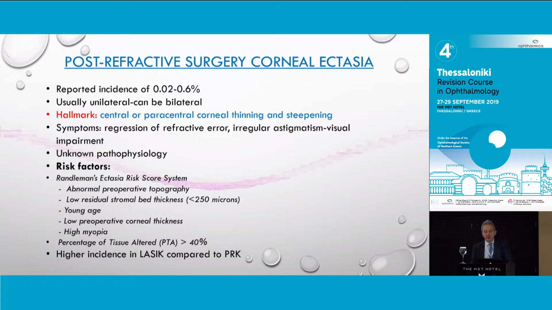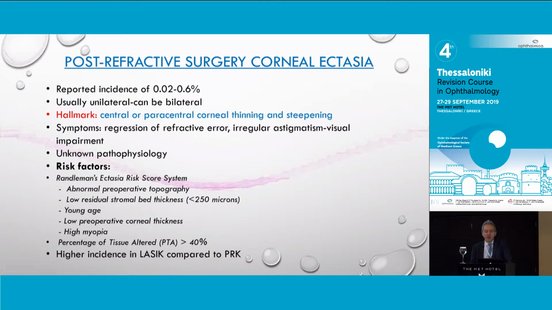What do we observe in corneal topography? We have a central or paracentral area of corneal thinning and steepening. And regarding risk factors, we know that Randleman has described in his ectasia risk score system factors that could contribute to the development of ectasia after refractive surgery.